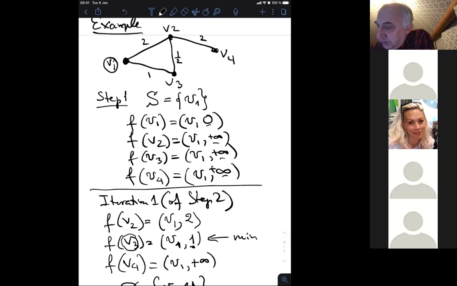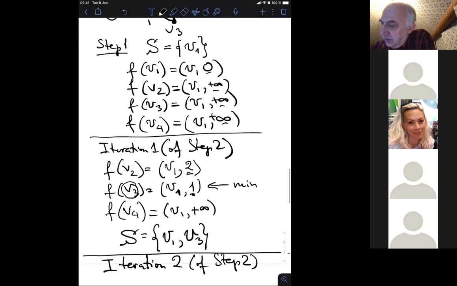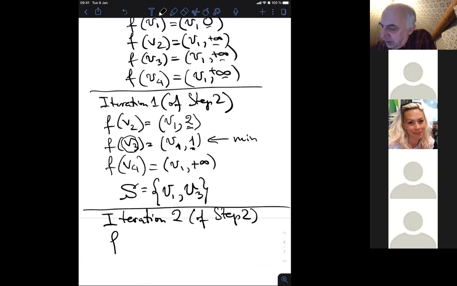My current label of V2 is 2. And there is, in fact, the current label of V3 is 1. And if I'm looking at this edge, its weight is 1/2. 1 plus 1/2 is smaller than 2. So I'm changing my label. The label of V2 would now be, I have to go through V3, and the total length would be 3/2.